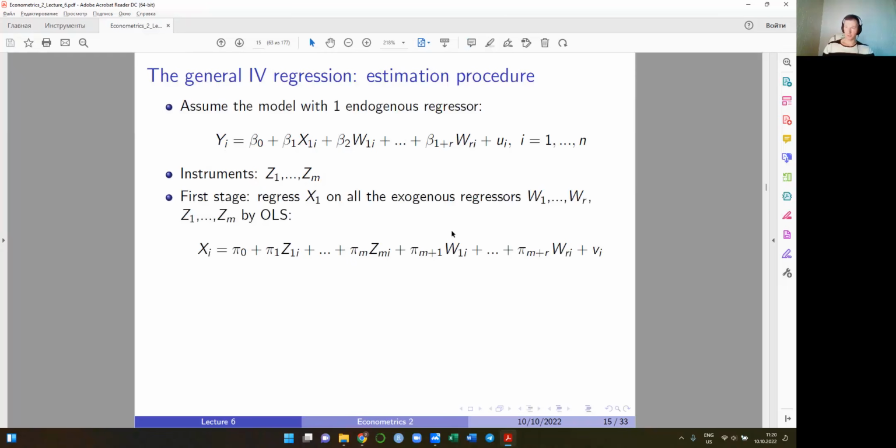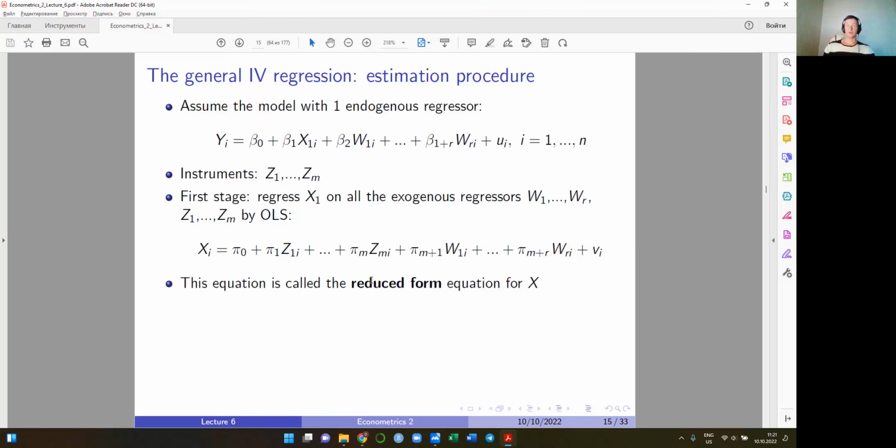On the first stage, we regress X on all instruments and all control variables. This is very important. We are not doing regression only on instruments. We include in this regression all available exogenous variables, both excluded instruments and included W's. This is the most important difference between the basic single regressor model and this general one.